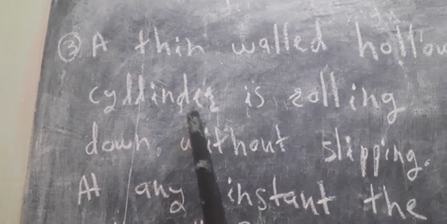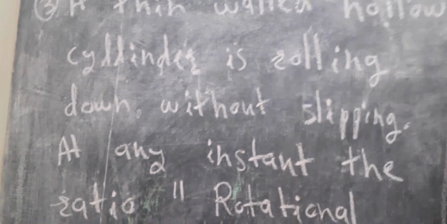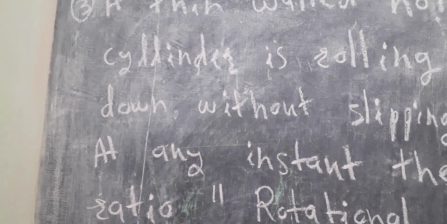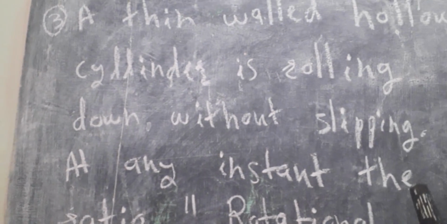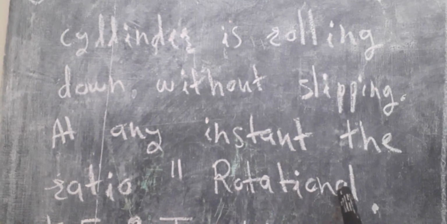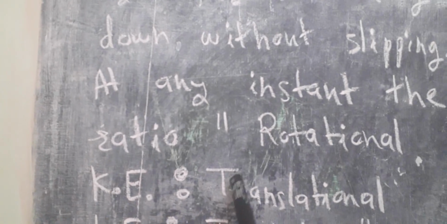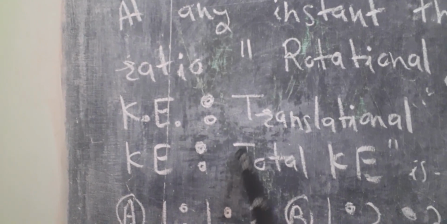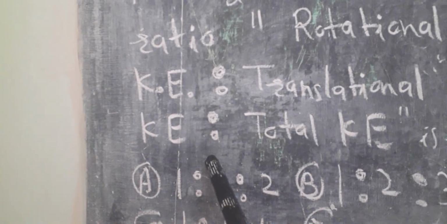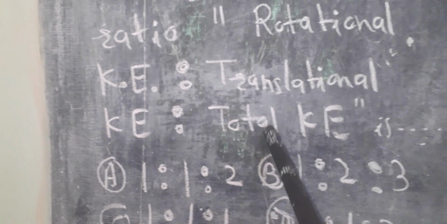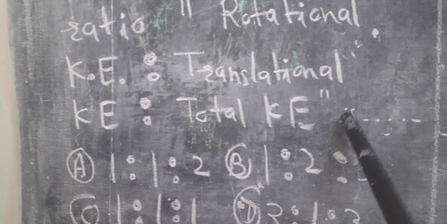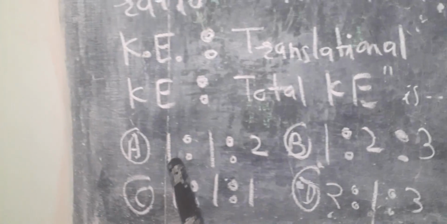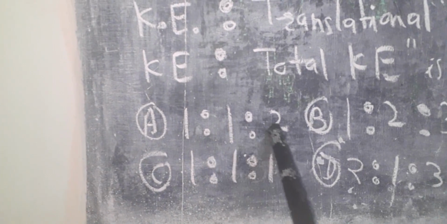The third MCQ. A thin wall hollow cylinder is rolling down without slipping. At any instant, the ratio of rotational kinetic energy to translational kinetic energy to total kinetic energy is... First option is 1:1:2.